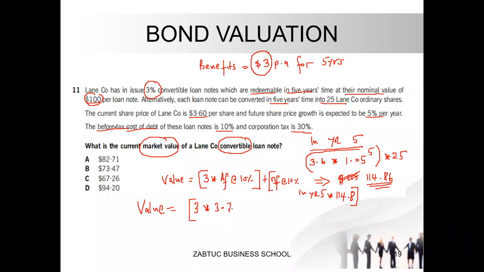So 3.791 plus 114.86 times the discount factor. What's the discount factor at 10% in year 5? 0.621. Okay. So what is the answer?